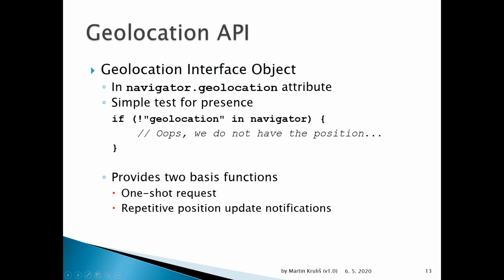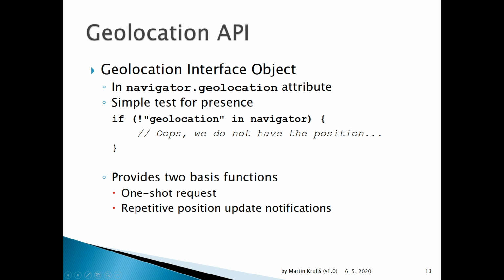Never try to test for the version of the browser or type of the browser, because that's just not right. That's very complicated and not 100% sure. So the best way to do this is something like this. We will check whether the geolocation object is present in the navigator object, and if it is, then everything is okay. If not, you should fall back to some code that does not require geolocation.